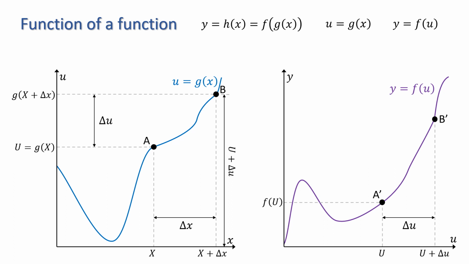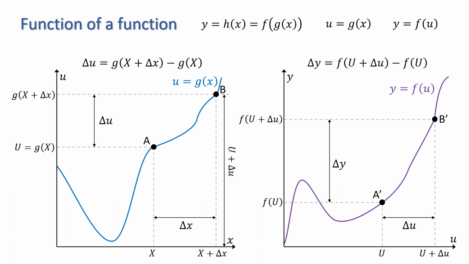This will have y-coordinate f of u plus delta u. We can see that the increase in u, delta u, equals g of x plus delta x minus g of x, and the increase in y, delta y, equals f of u plus delta u minus f of u.